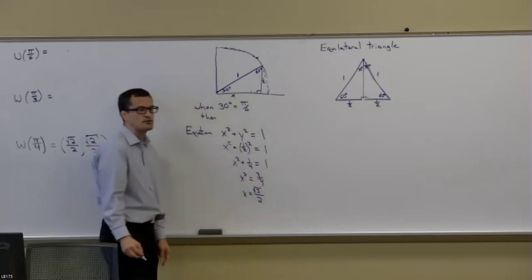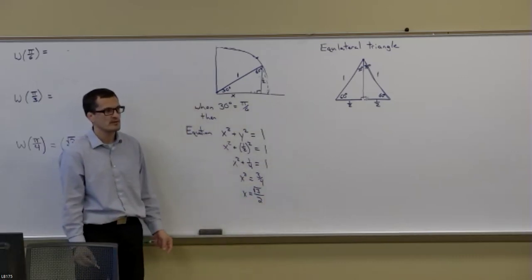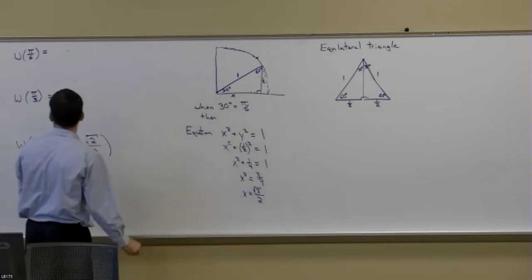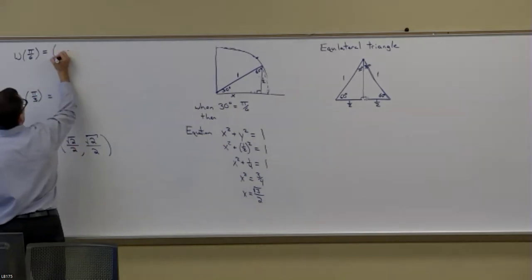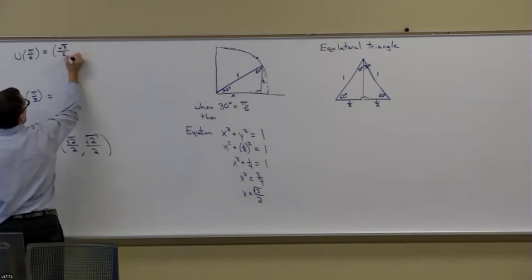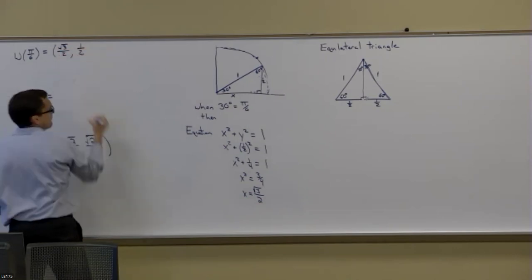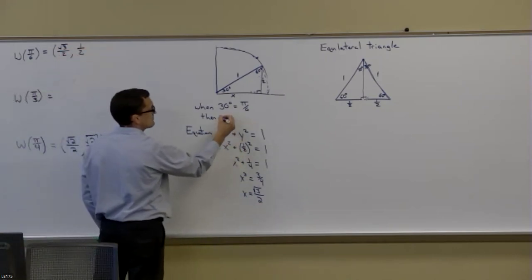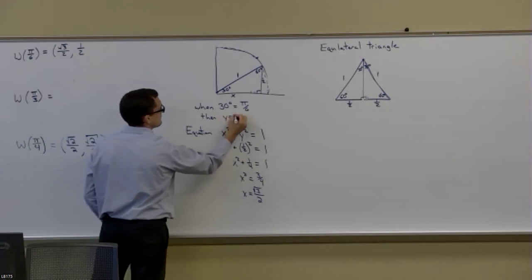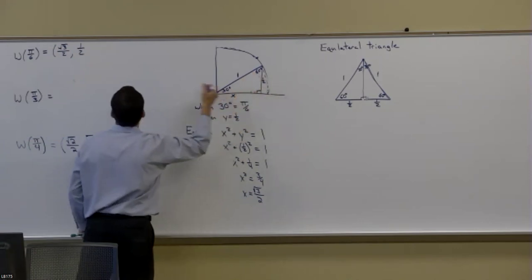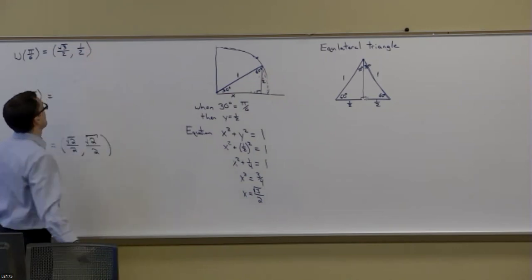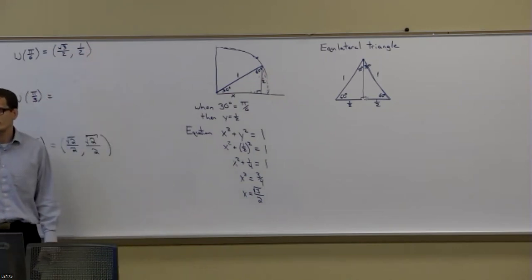Square root of 4 is 2, so that gives me root 3 over 2. So the x value of this is going to be root 3 over 2. The y value we've already established is 1/2. So that's my wrapping function.